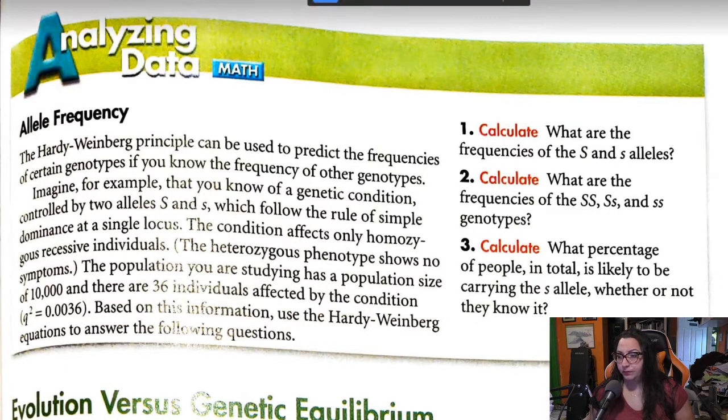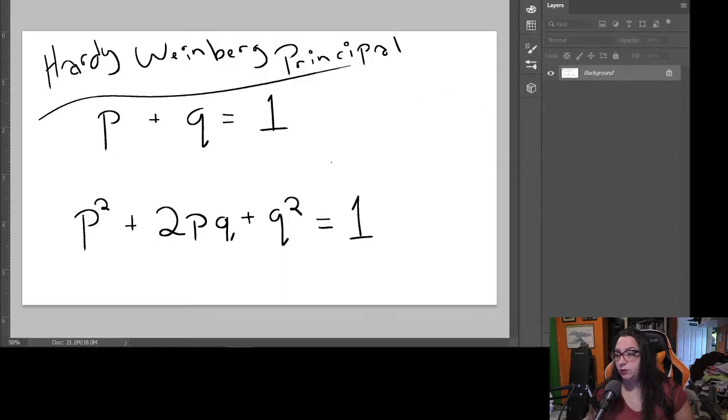Hardy and Weinberg came up with these two great equations that together are known as the Hardy-Weinberg principle. And it says that P plus Q equals 1. Now realize we're dealing with percentages, we're dealing with frequencies.